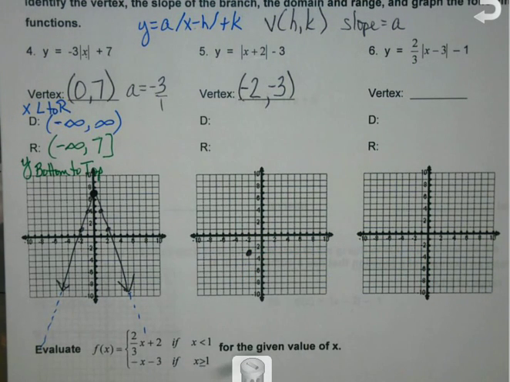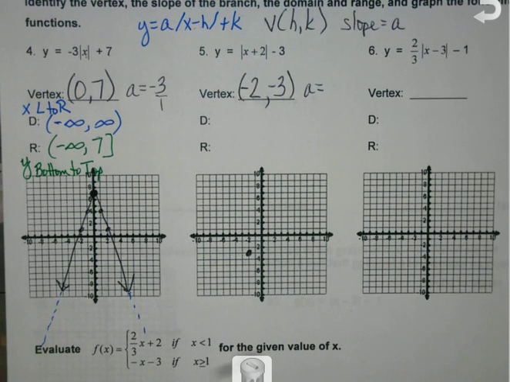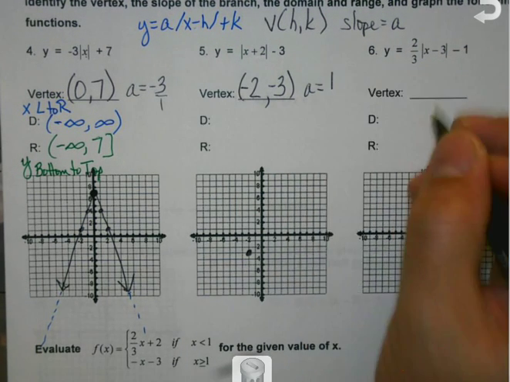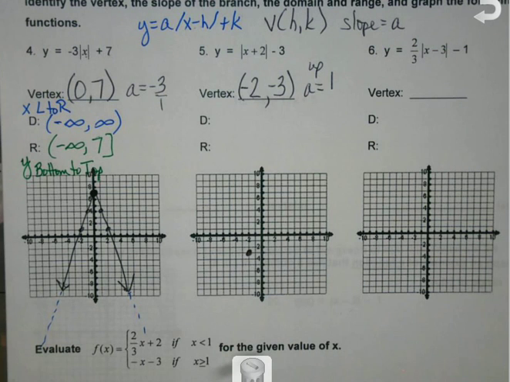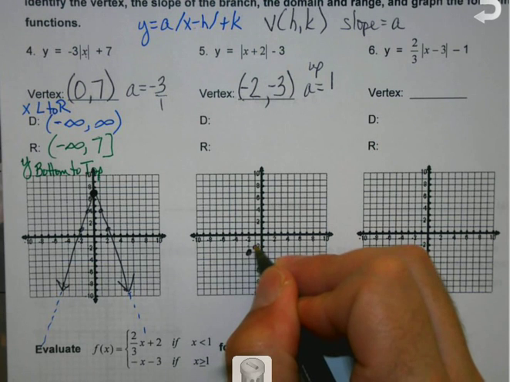Put my dot. What's my slope this time? 1. If I don't have the values for my h or k, if I don't see one, those are 0. But otherwise, it's going to be 1, which tells me my v is going to open up. So I'm like, okay, up 1 over 1, up 1 over 1.